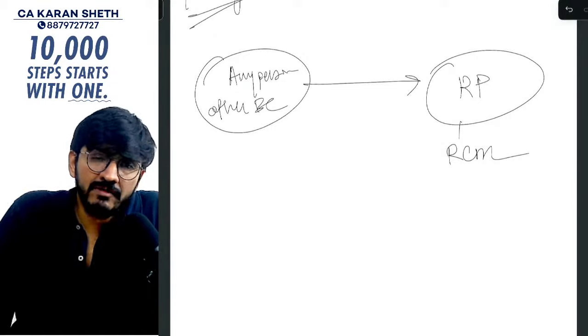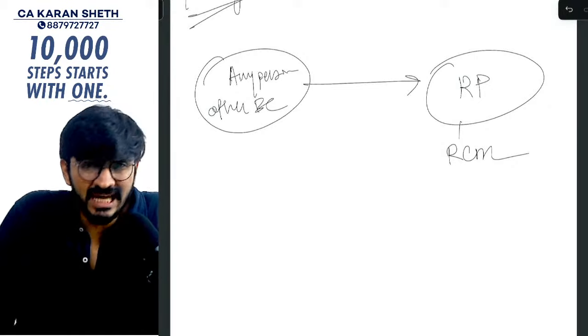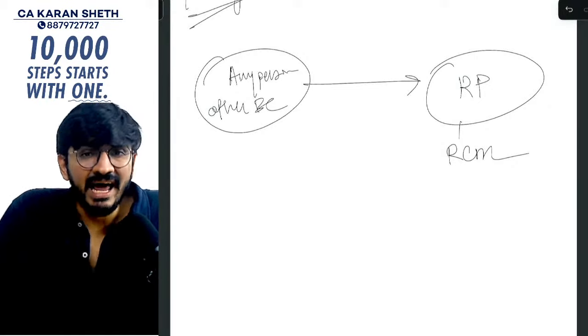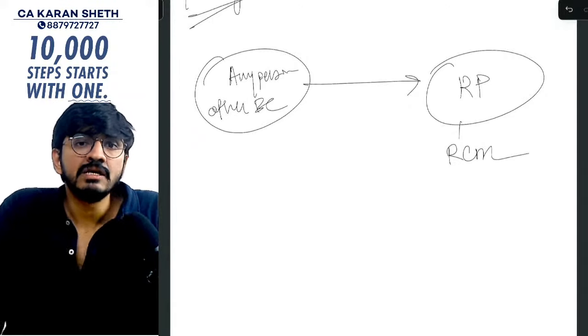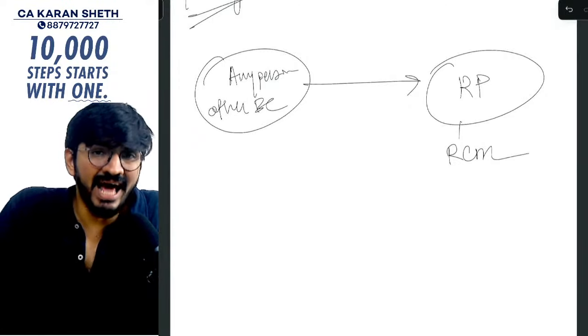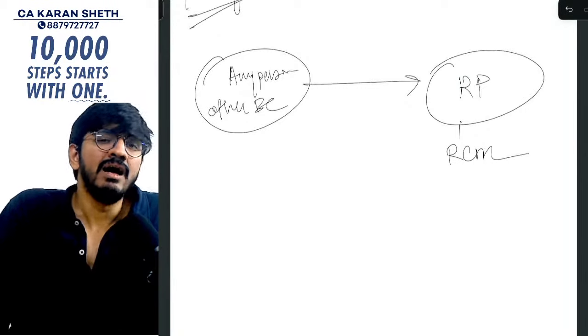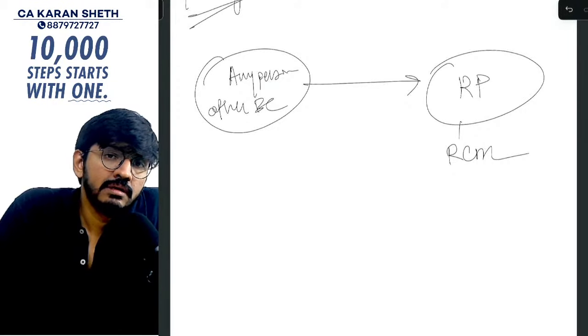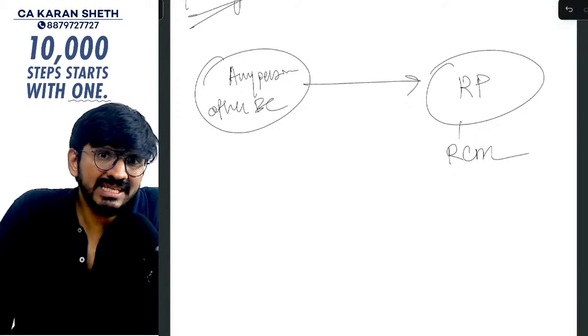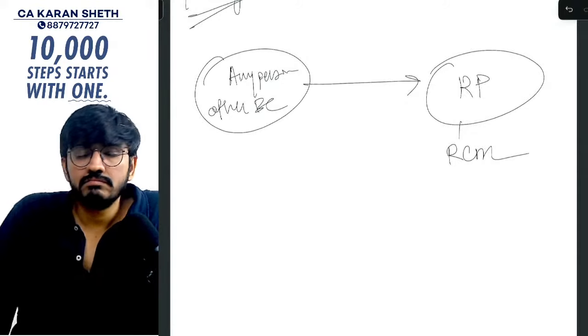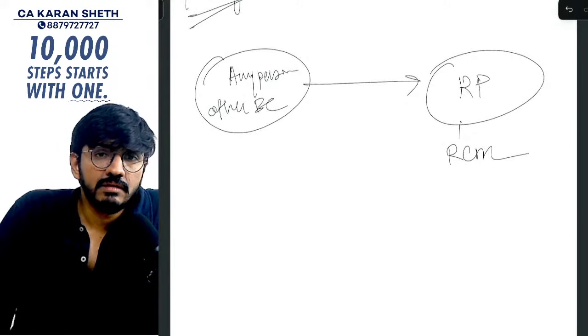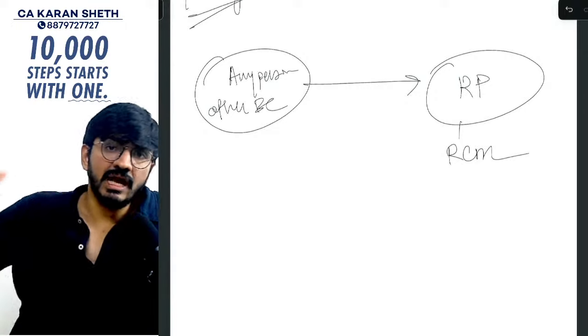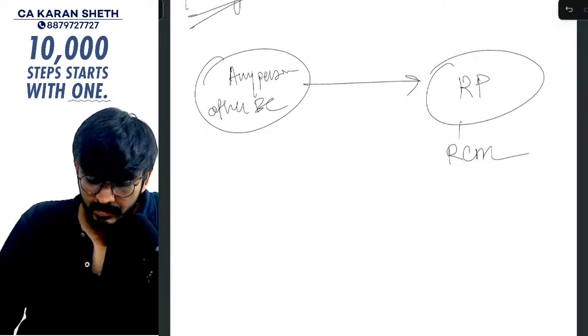Supplier other than body corporate, why? Because government assumes that if the supplier himself is a body corporate, it's a company and a company can easily do the compliance. So no RCM, FCM, the supplier, that is the body corporate, will only pay the tax. So government said any person other than body corporate, doesn't matter, if the recipient is a registered person, RCM, simple.